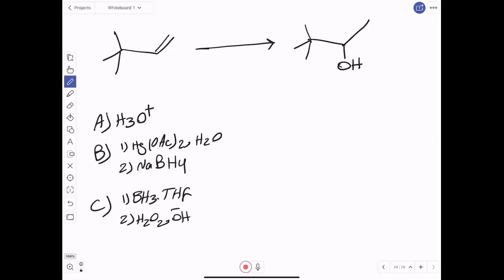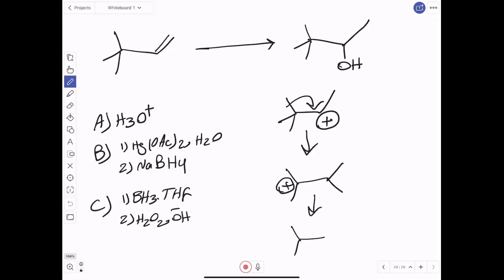Okay, this is why you need to know the mechanism of reactions. If we do A, in step 1, a carbocation will form. And when a carbocation forms, rearrangement is possible. And after rearrangement, we have this, and then the final product will be this product, the major product. Is this what you want?